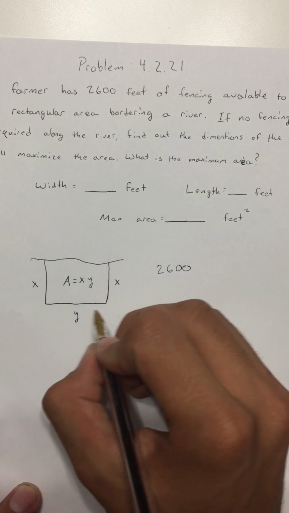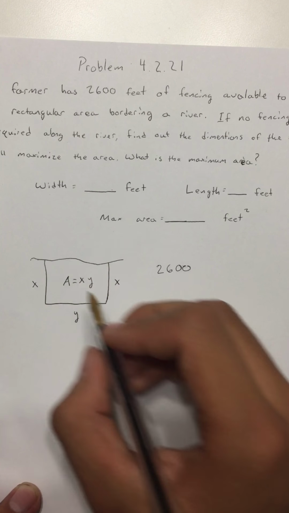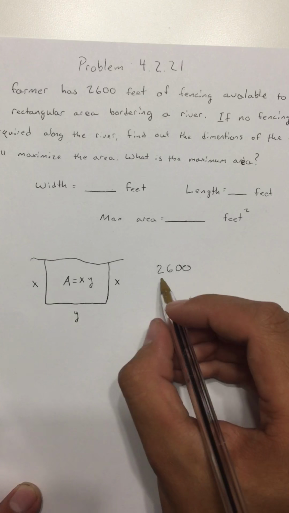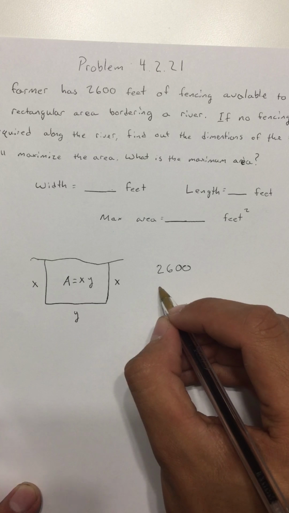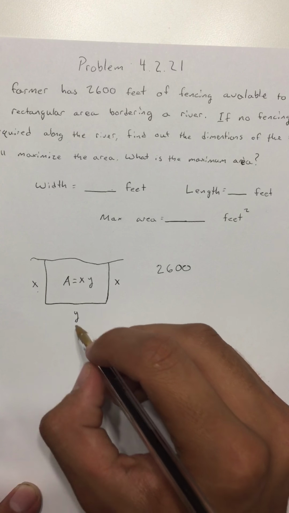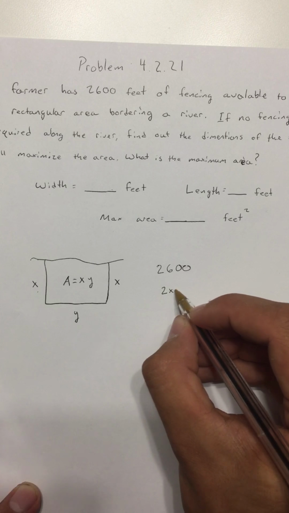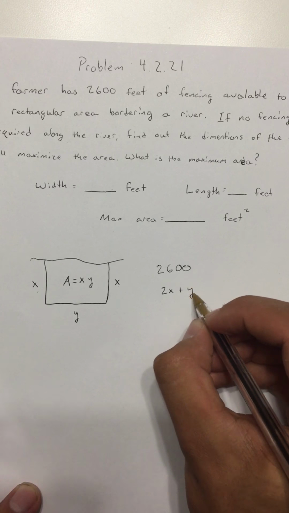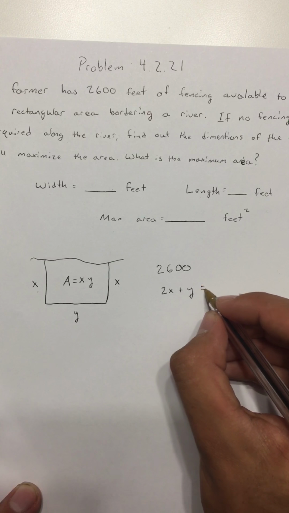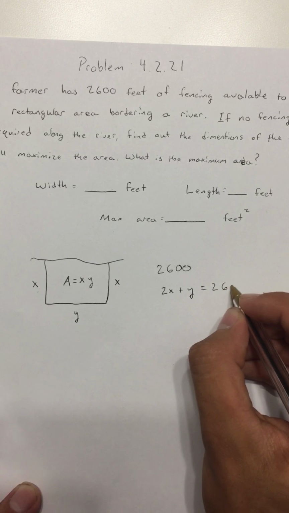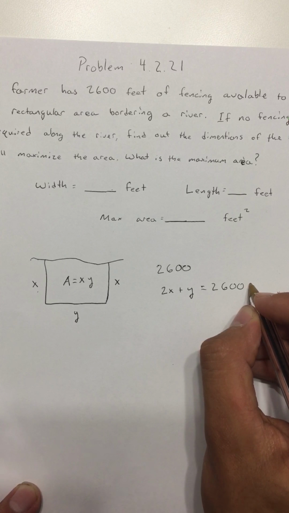So to get that outside line on the fence, we need to add x plus y. So that's the same thing as 2x plus y equals 2,600 feet.